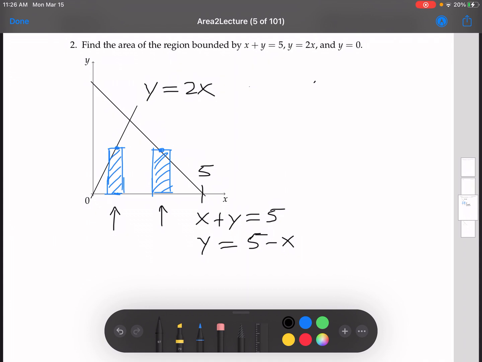That place is where we decide to use the different rectangles. Let me do this again. There we go. So we'll have 2 different areas. We're going to have this area here that we're going to compute, and this area here that we're going to compute.